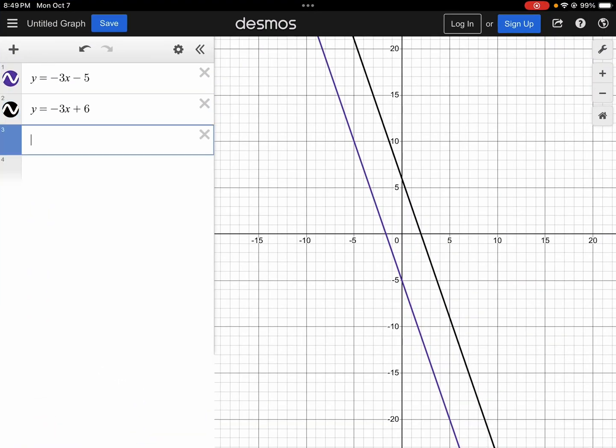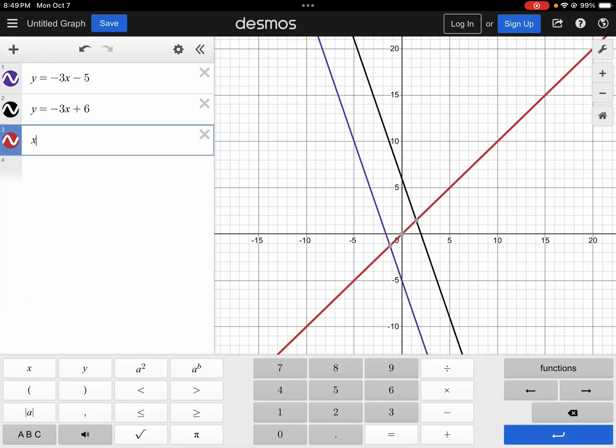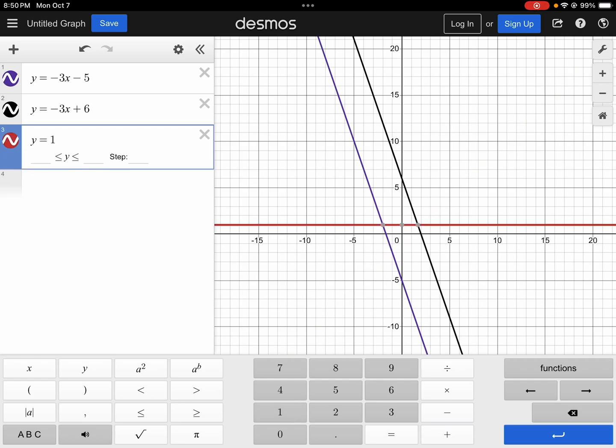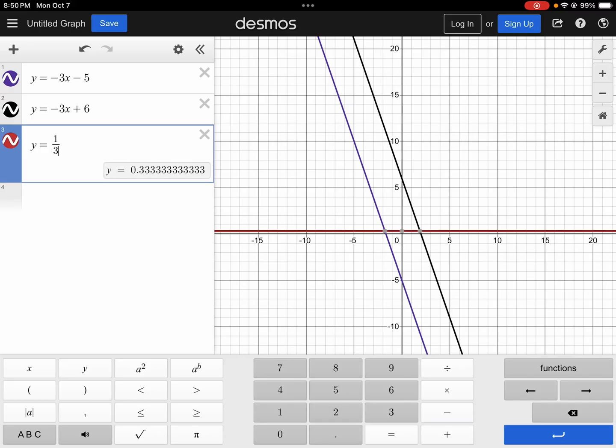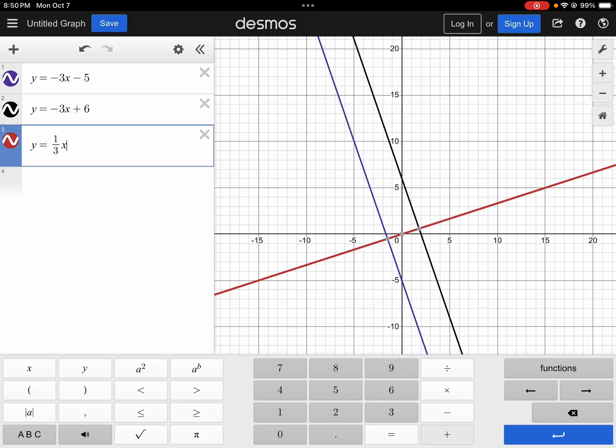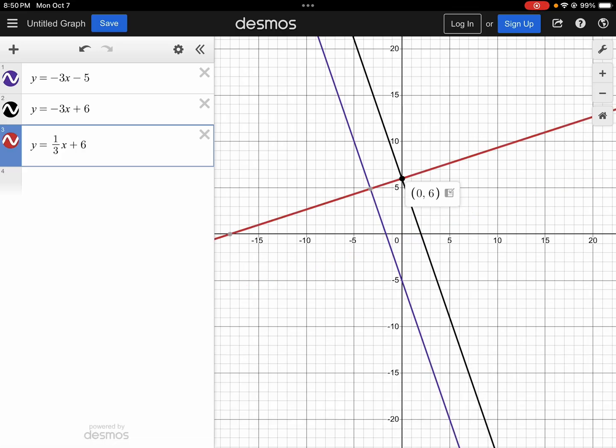So I'll go down to line 3 and I'll say y equals 1 divided by 3, get out of the denominator, x plus 6. See how it crosses right here at (0, 6)? And my second point is not nice.